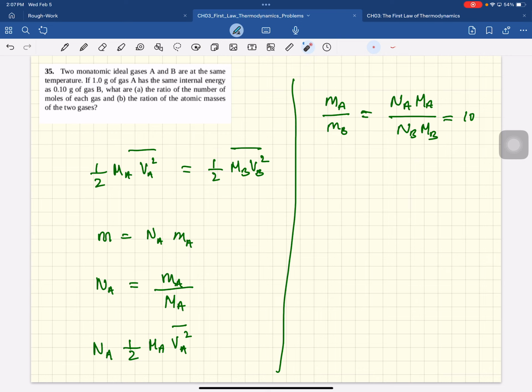This is the internal energy of gas A, and this is the internal energy of gas B.